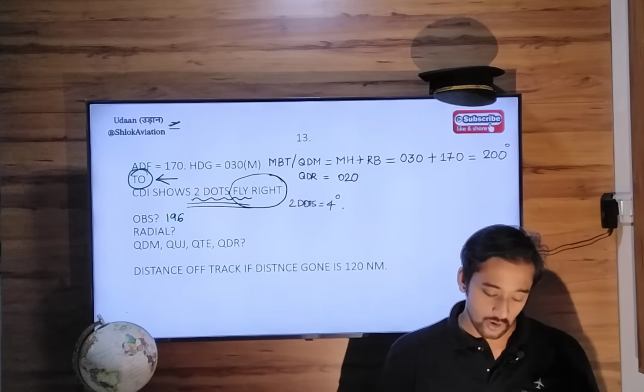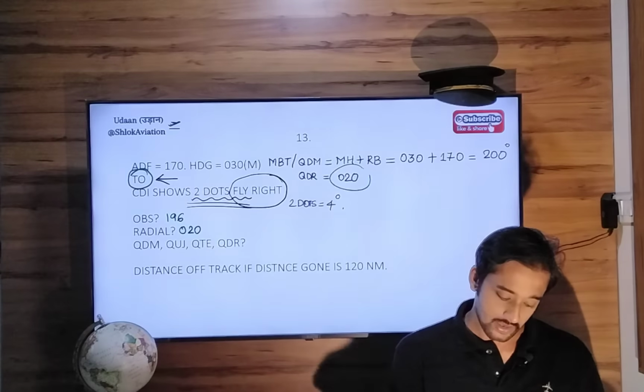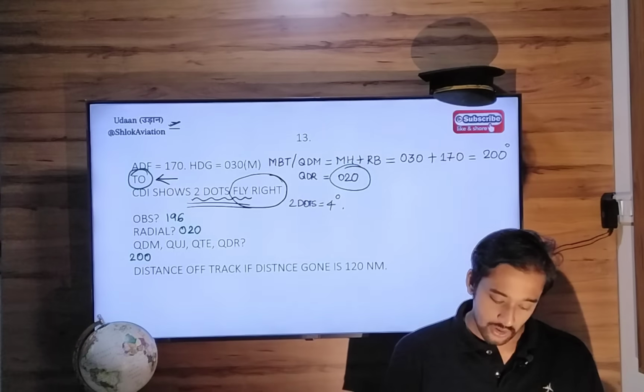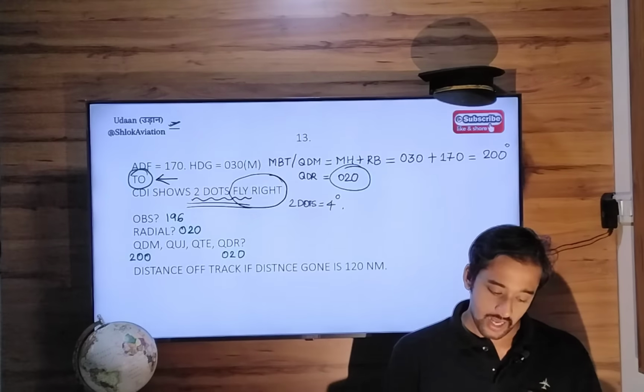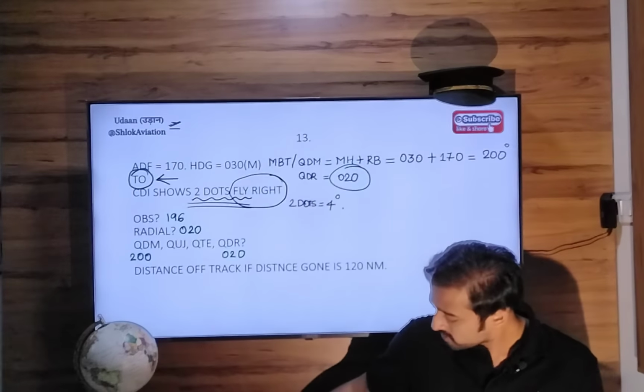You are situated on what radial? On radial 020. We have found it here. QDM. QDM is what? 200. QDR is 020. Now variation is how much? Given in the question.